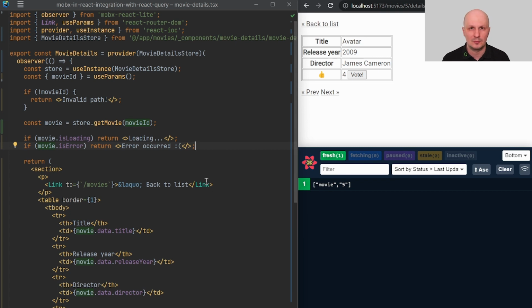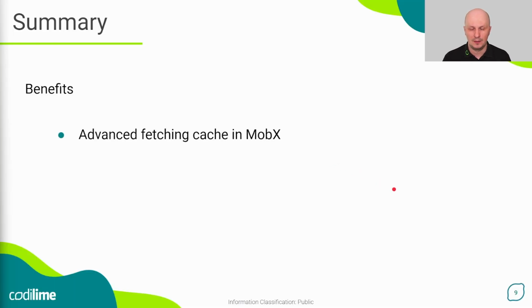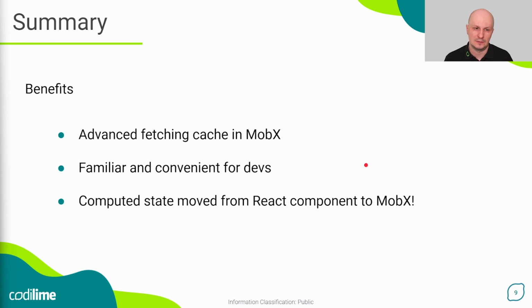All right, so let's jump to summarize what we did. So let's start with benefits. With such integration, we have access to very advanced fetching cache inside the MobX store. This caching API is familiar and convenient for developers, and this is very important personally for me. So now the computed state can be moved from React component to MobX when we need to combine server state with client state.